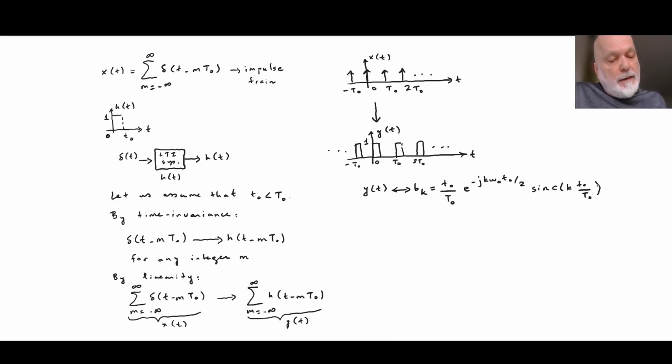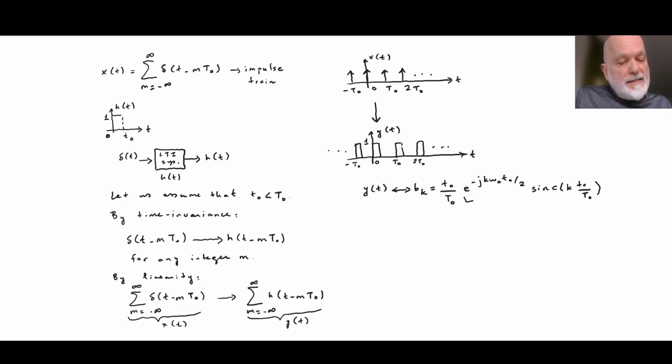Now, we recognize the sinc term and this constant t0 divided by capital T0 as the Fourier series coefficients of the rectangular pulse train, but where the rectangular pulse is of duration t0 and is located in the interval from minus t0 over 2 to t0 over 2. So here we have a shift by t0 over 2.